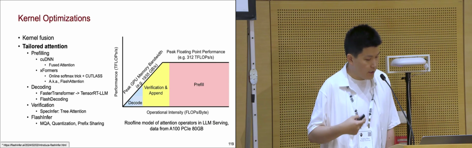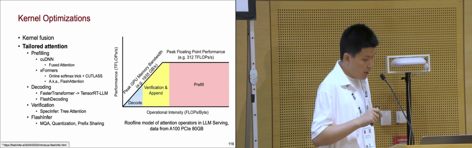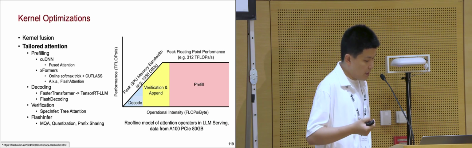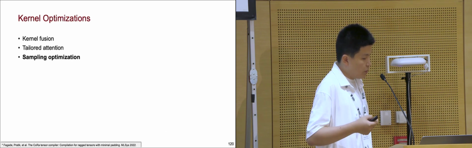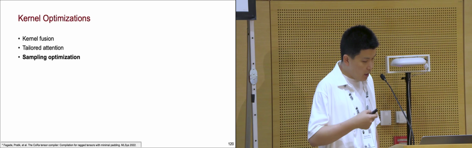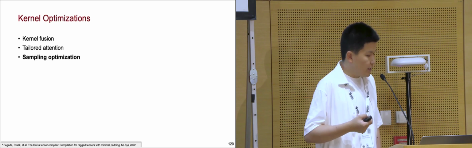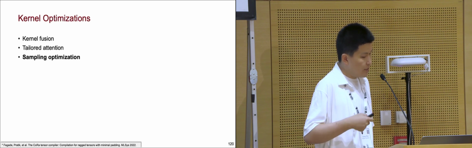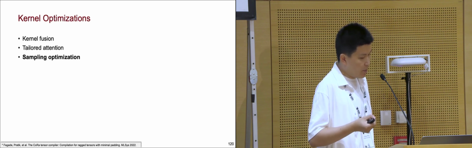Decoding attention performance is always underneath the peak bandwidth of the GPUs. That's why we usually say that it's memory bounded. And the prefilling attention has higher operational intensity and is under the peak compute performance. So that's why we say it's compute bounded.